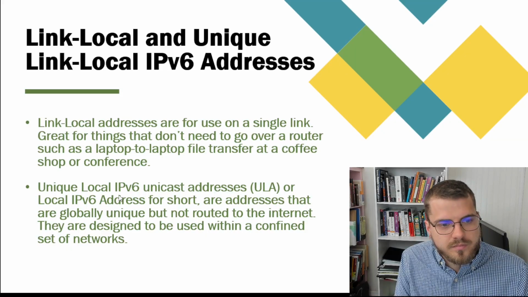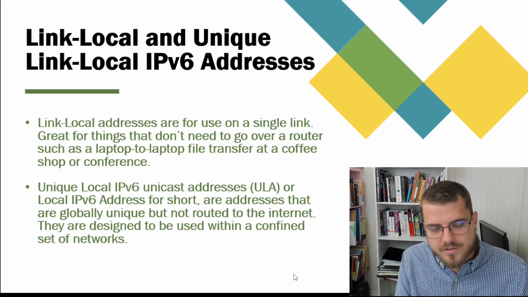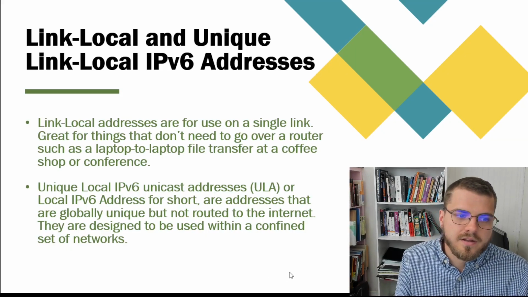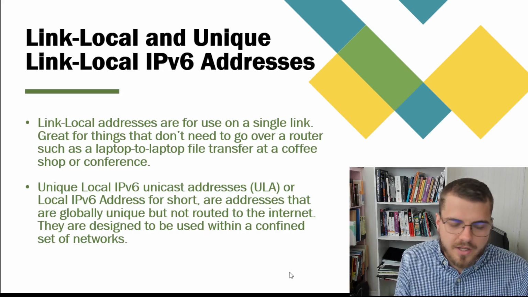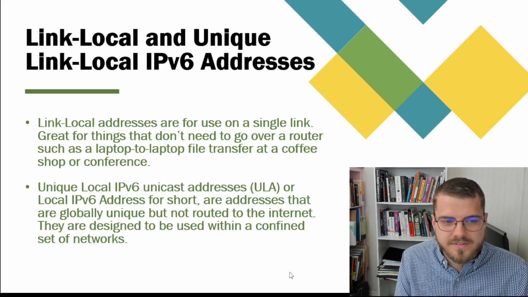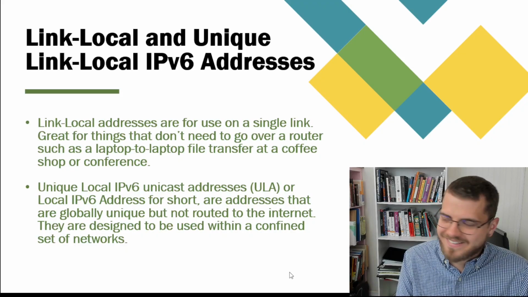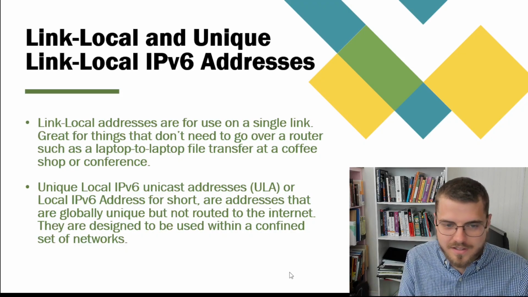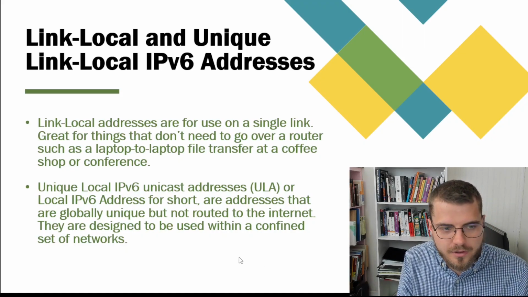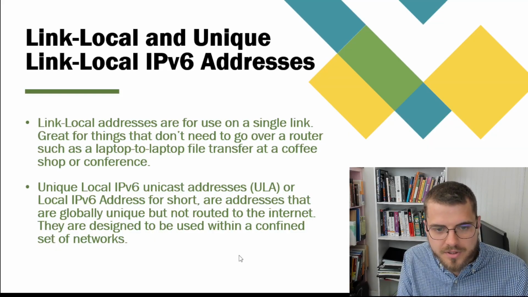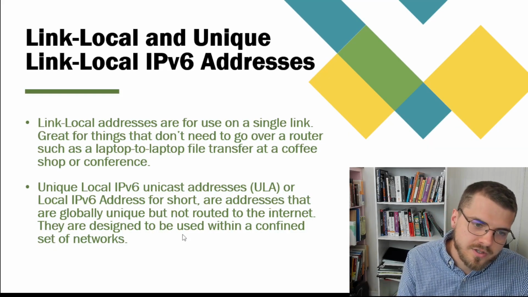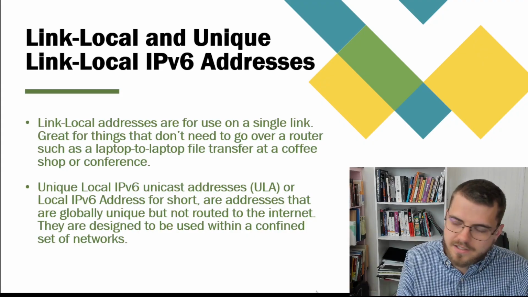Then there's unique local IPv6 unicast addresses, or ULA, that they also call local IPv6 addresses for short. They just love to complicate things in the naming sometimes. And they're addresses that are globally unique, but they're not routed to the internet. So they're used within a confined set of networks.